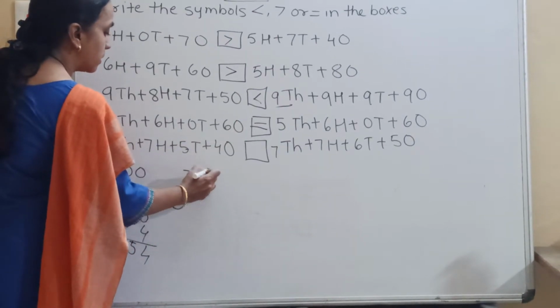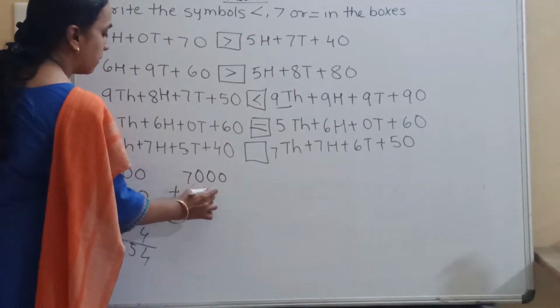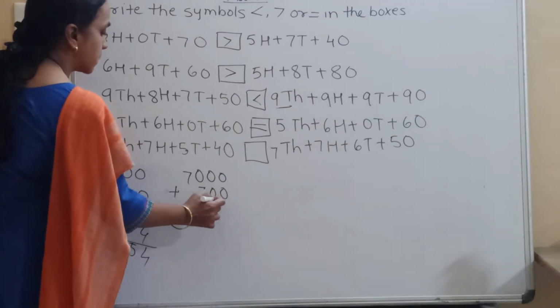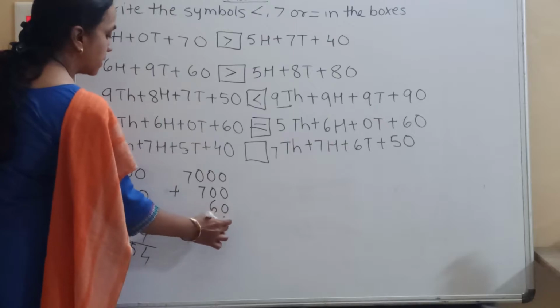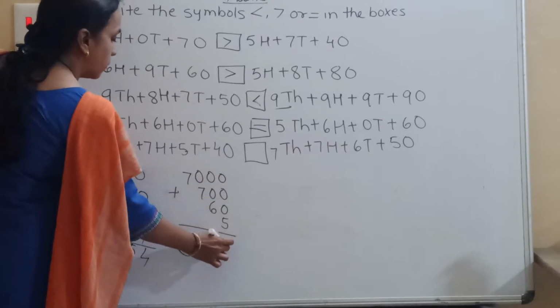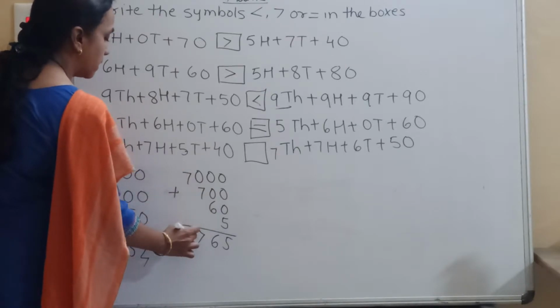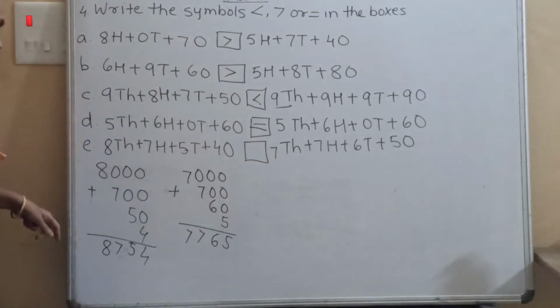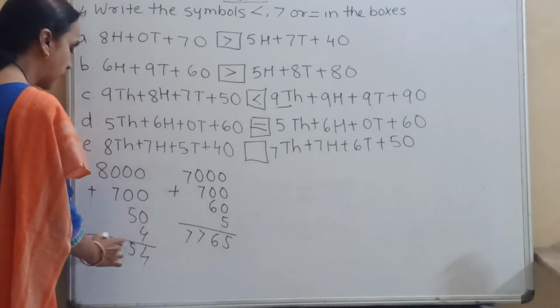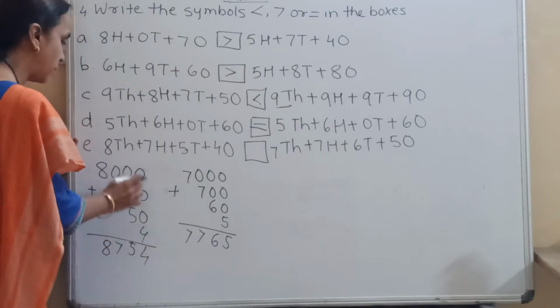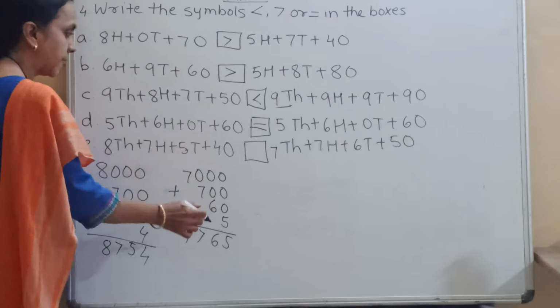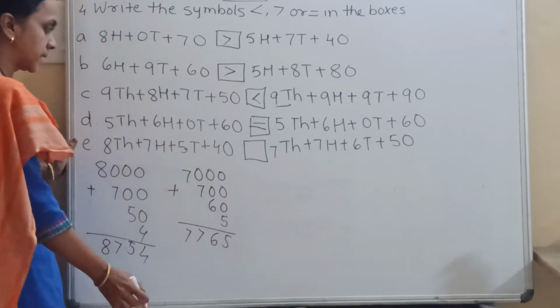7,000 plus 700 plus 6 tens means 60 plus 5 ones means 5. 5 plus 0, 5. 6 plus 0, 6. 7 plus 0, 7. This 7 as it is. So these two numbers are there. 8,754 this side and that side 7,765.